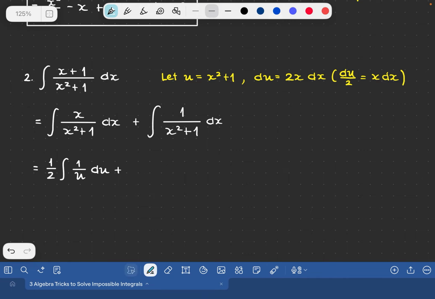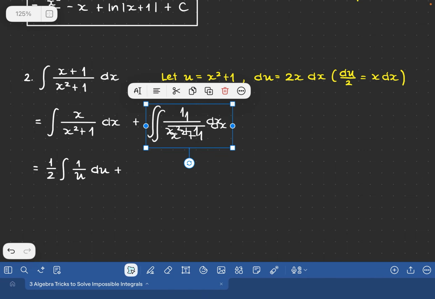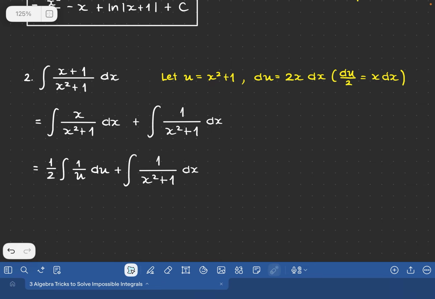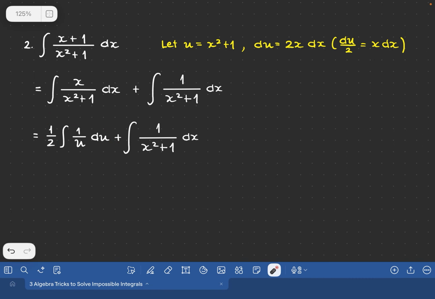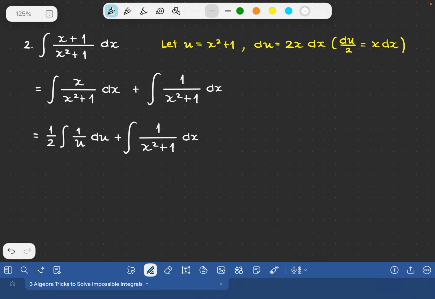And then let's just copy this other one. From there, we know the antiderivative of that one. That just simply becomes 1 over 2 ln of absolute value of u.